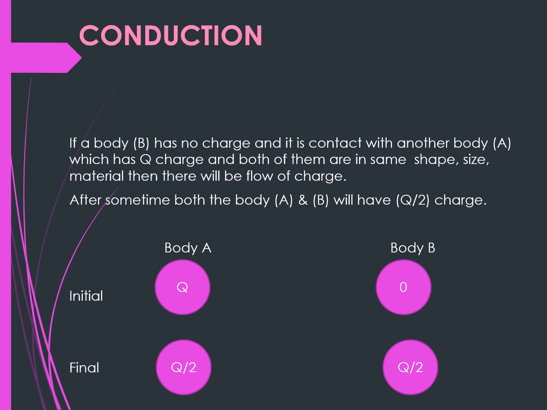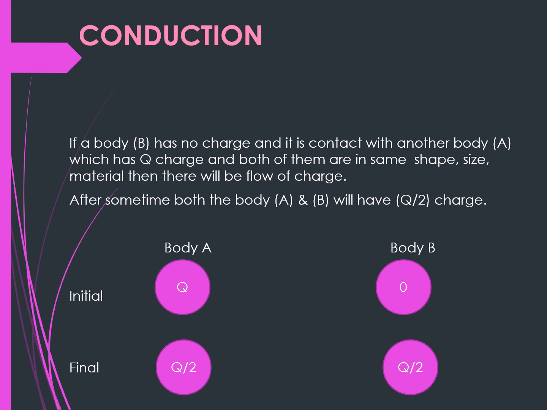Now, if both bodies A and B are of the same shape, size and material, and I bring them into contact by a wire or just touch them, then after some time we'll find that body A and body B have the same amount of charge. That is, the total charge will be divided by 2.